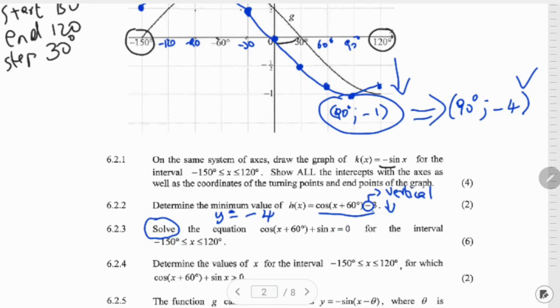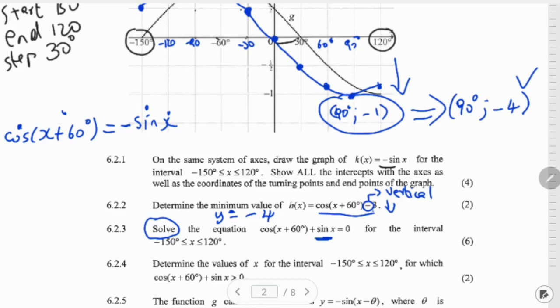We're going to have cos of x plus 60 equals minus sine of x. All right. And then since now we have two functions with two different angles, we've learned when solving for the general solution that you're going to have to change the other one to a co-function. So I'm going to change the sine there.